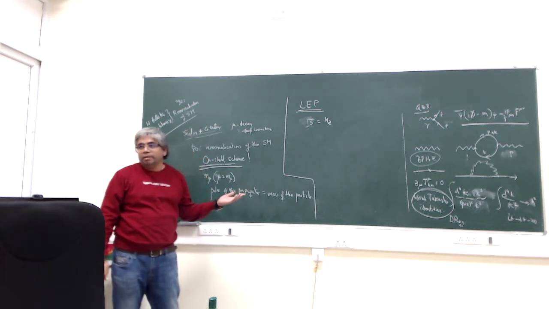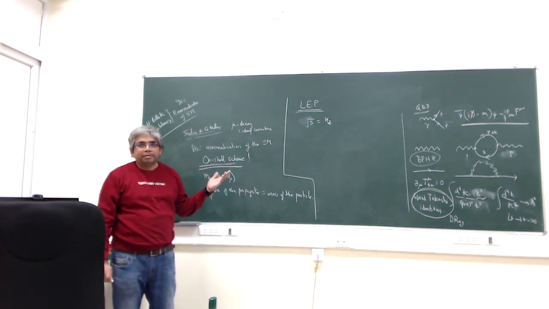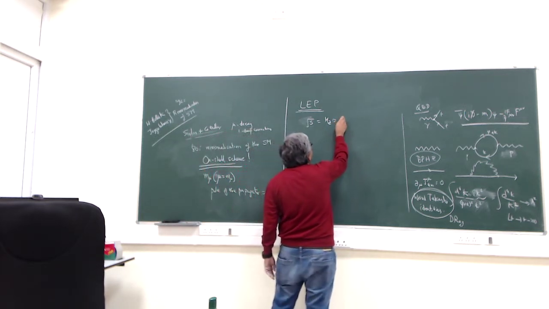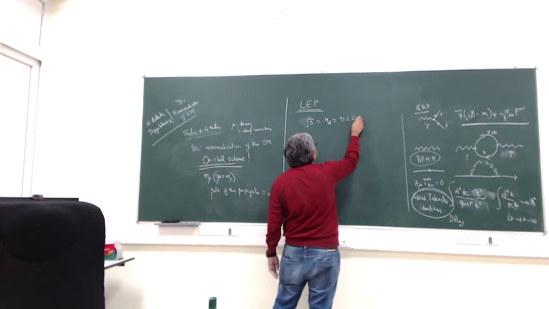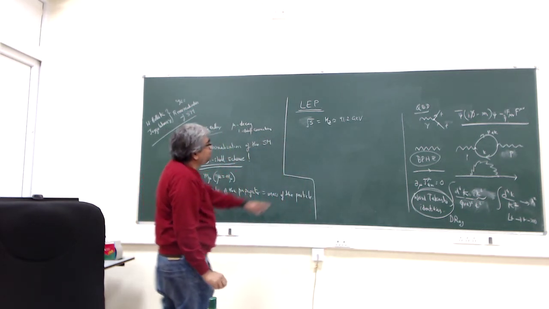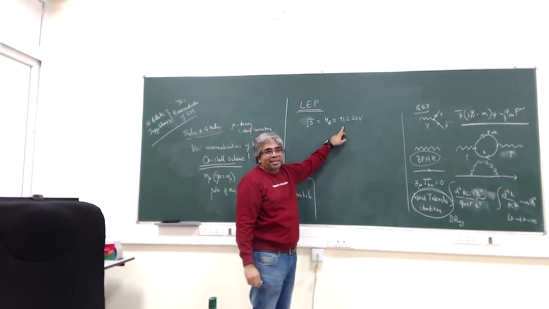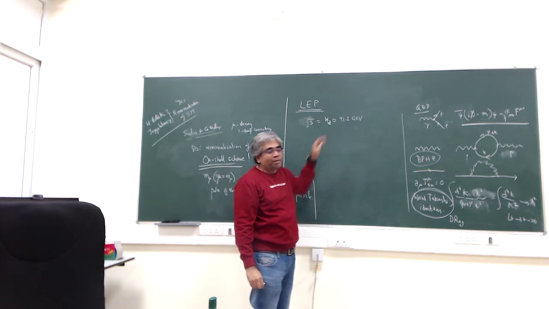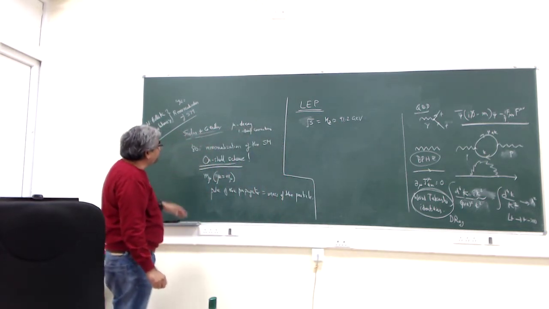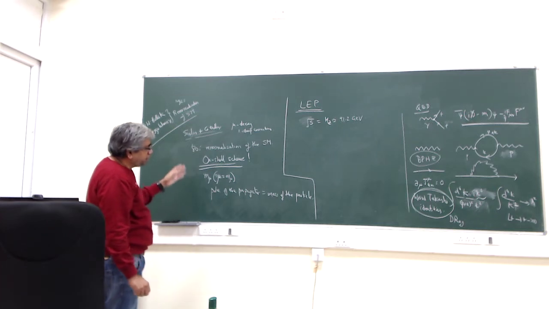What is the mass of the Z? 91 GeV. This precise measurement came out as a result of the experiment. So people started doing renormalization of the standard model in the 1980s and early 90s.